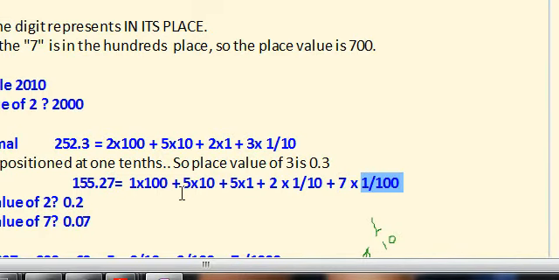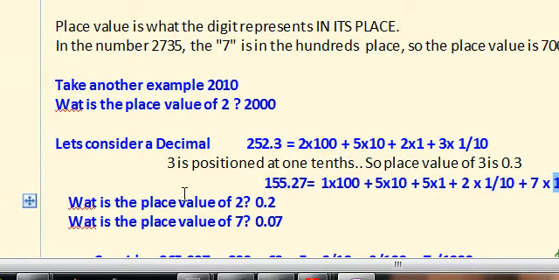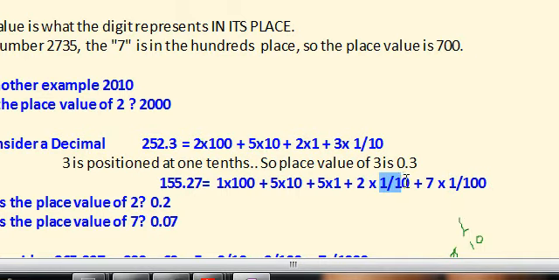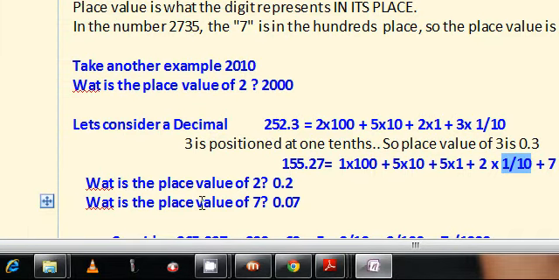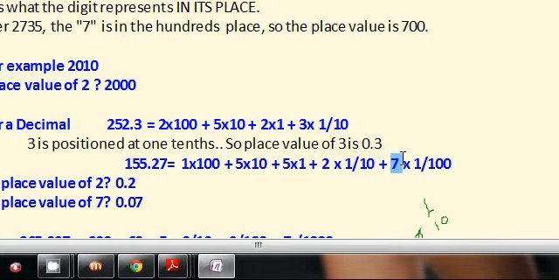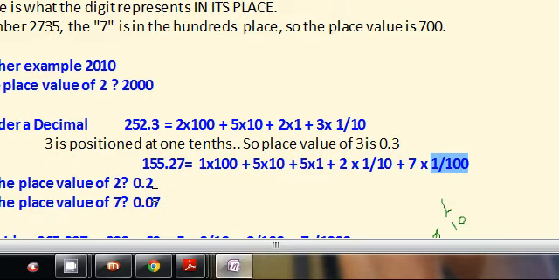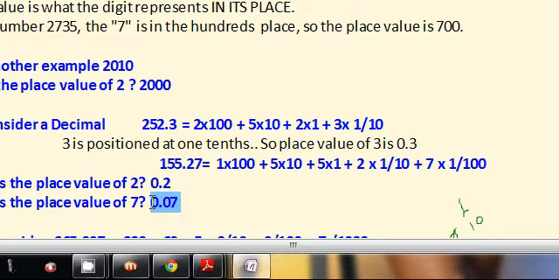So when we are asked what is the place value of 2, we see 2 is positioned at the 1/10th place, so the place value of 2 is 0.2. Next, what is the place value of 7? We see that 7 is positioned at the 100th place, so place value of 7 is 0.07.